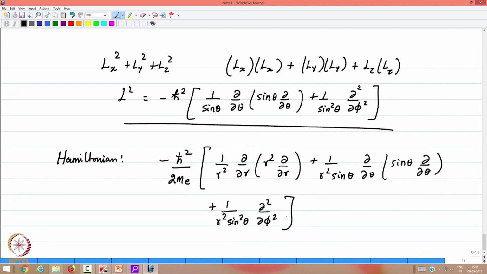This is all that you have, minus you had this potential energy term, Z e square by 4 pi epsilon naught r. Now, identify these terms, whatever that you calculated so far.